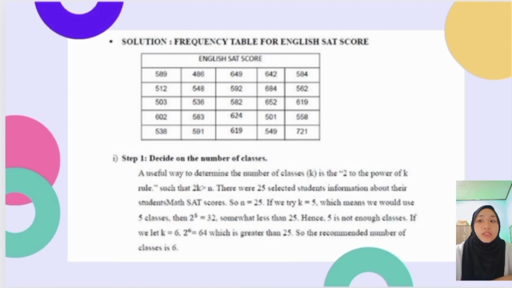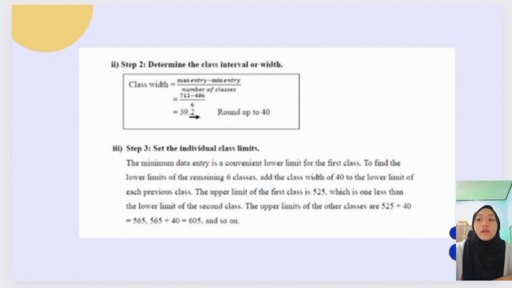The formula for percentage frequency is frequency divided by sample size n, multiplied by 100%. The formula for cumulative frequency is calculated by adding each frequency from the frequency distribution table, while the formula for cumulative percentage is CF divided by sample size.